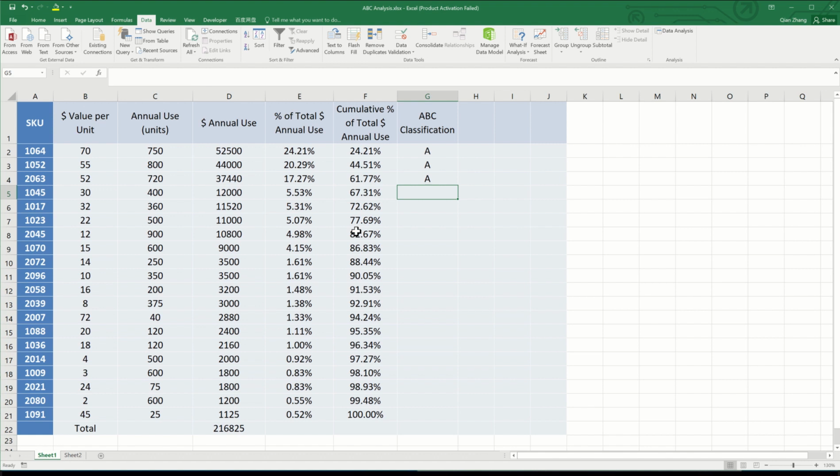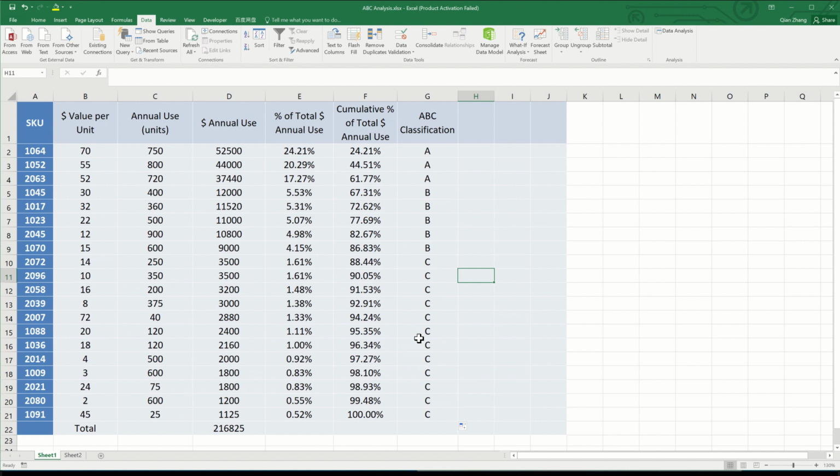It takes up around 25% of the total values, so we can mark this one with the B category until the 86. So this is the B category, and the rest, around 14%, are the SKUs in the C category. So this is the way the textbook uses to classify the inventories into the different categories.